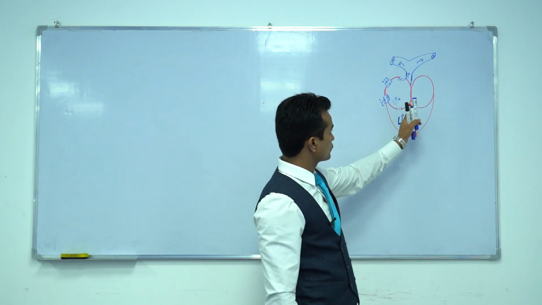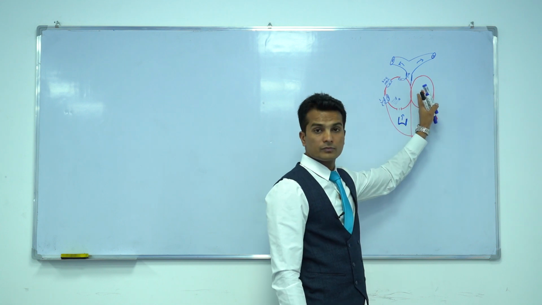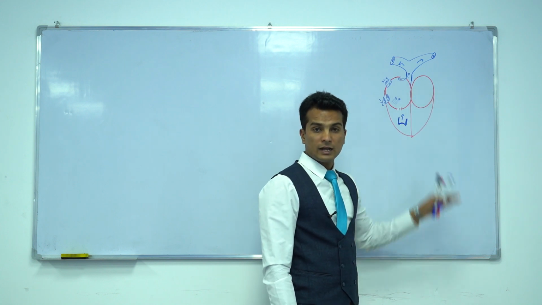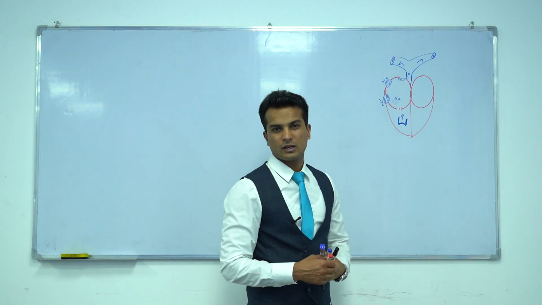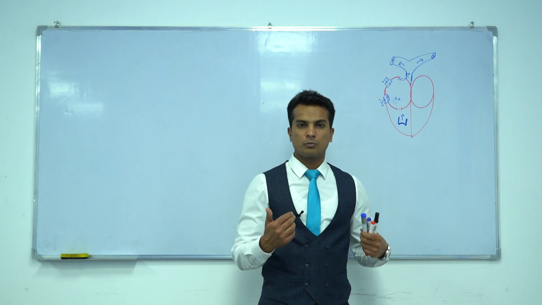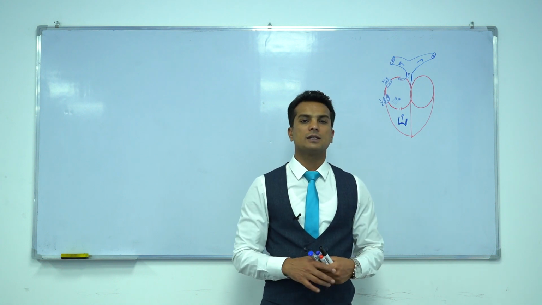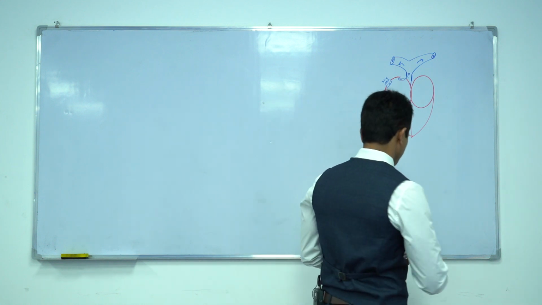Then you have to transport oxygenated blood into your left atrium. So the left atrium receives oxygenated blood through 4 pulmonary veins. Remember, pulmonary veins are 4 in number, 2 from each lung. So pulmonary veins are the veins which carry oxygenated blood. All other veins carry deoxygenated blood, okay?